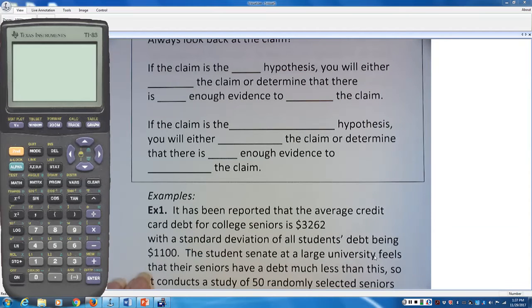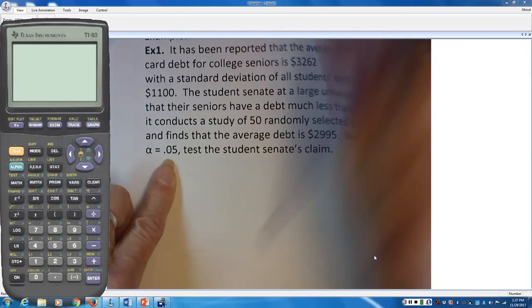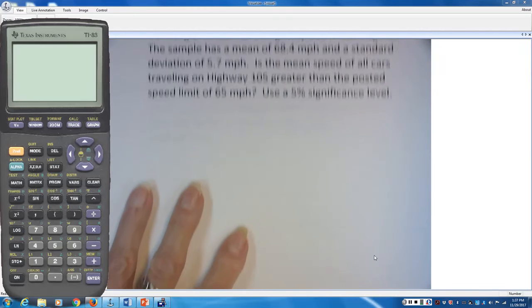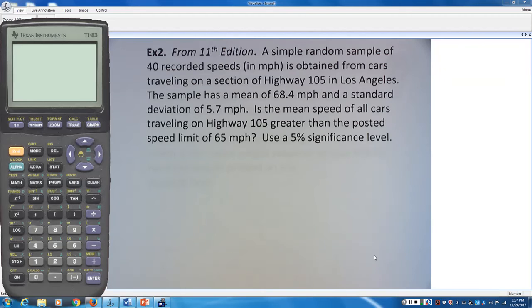So this is where we left off last time. We did this example. And I asked you to go ahead and look at the rest of the examples in preparation for today. If you did what I asked you to do, you should have those in front of you right now. Let's go through and work these and make sure that you know how to work them. And I'm going to ask some of you to give me different answers to things.